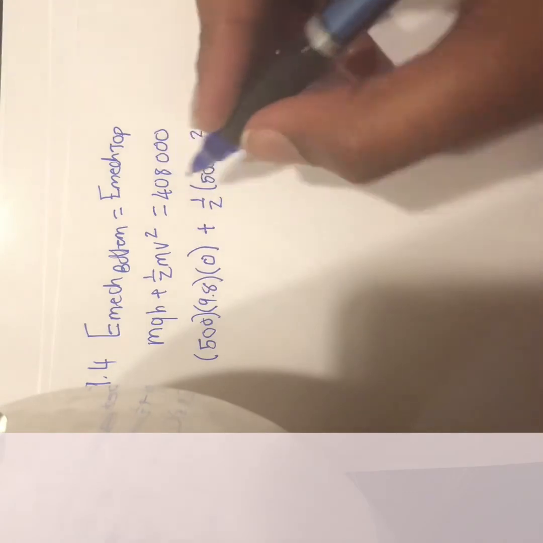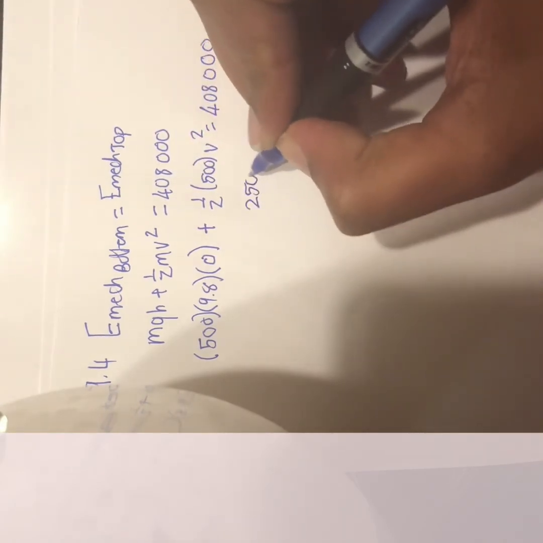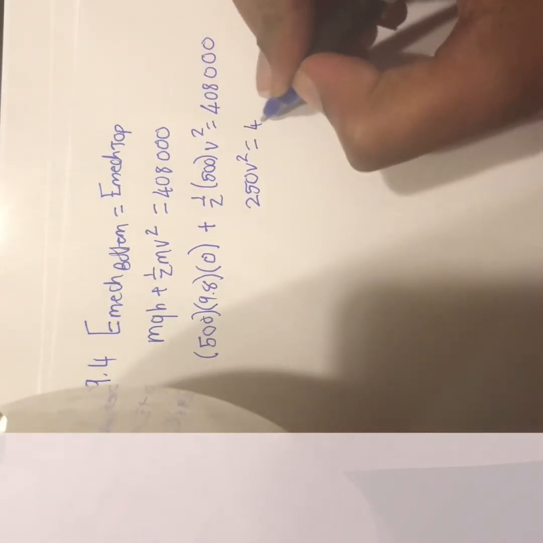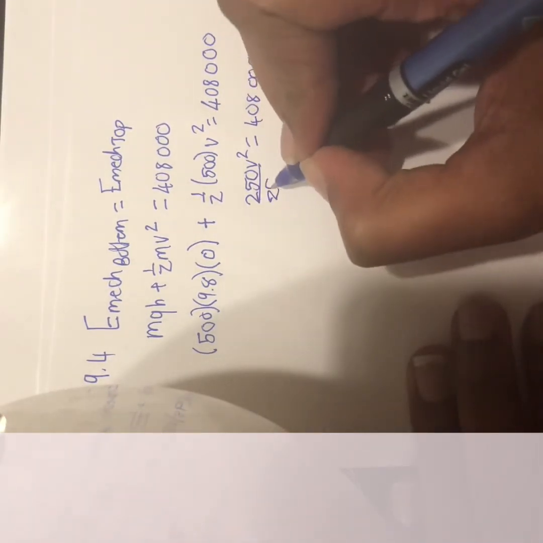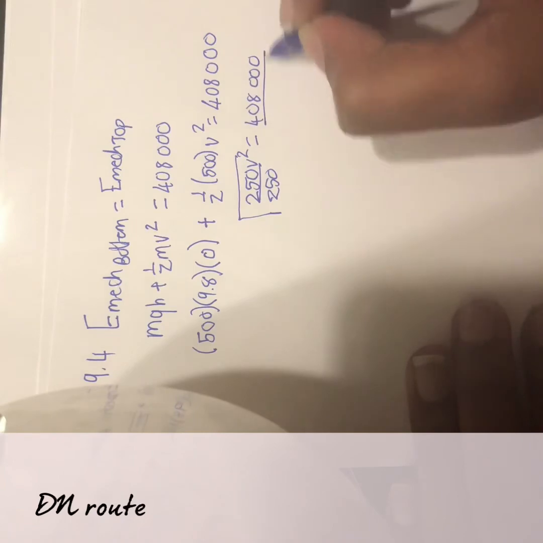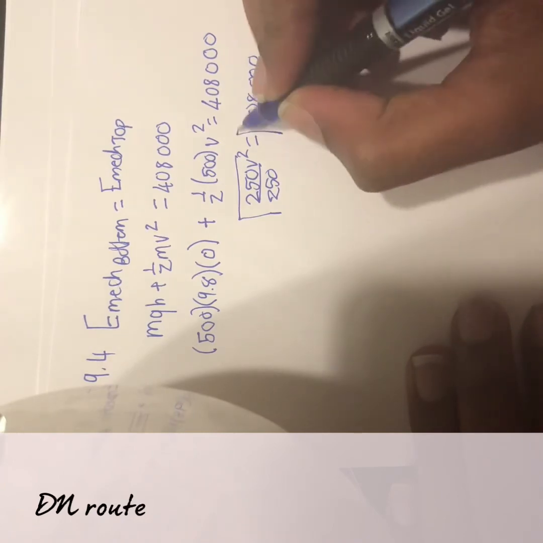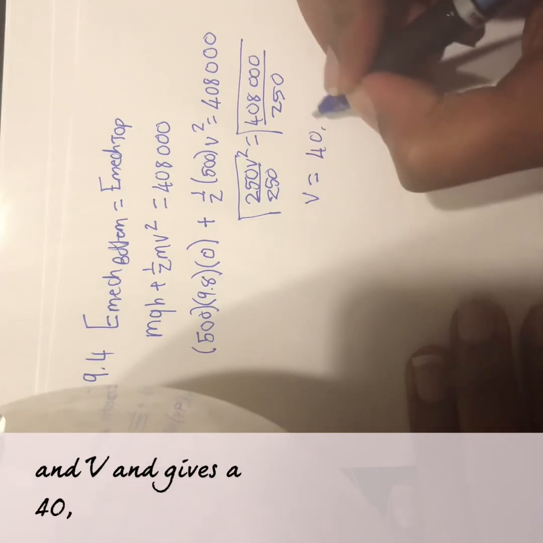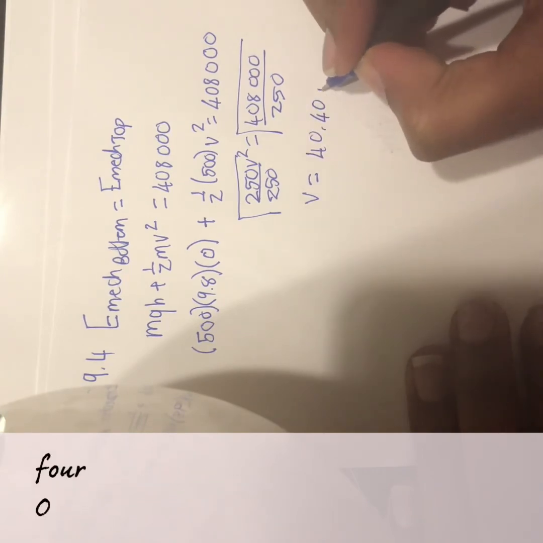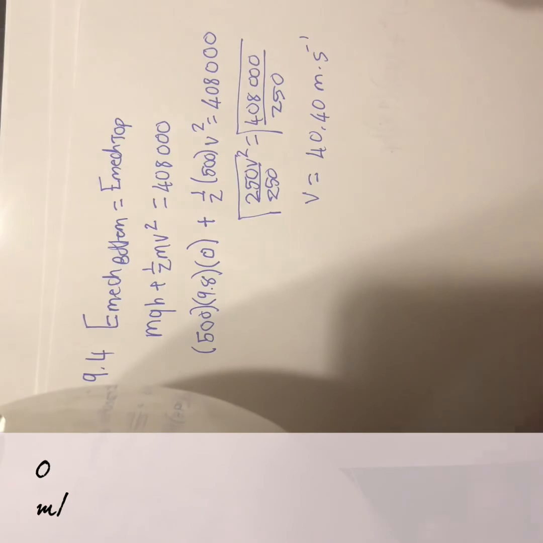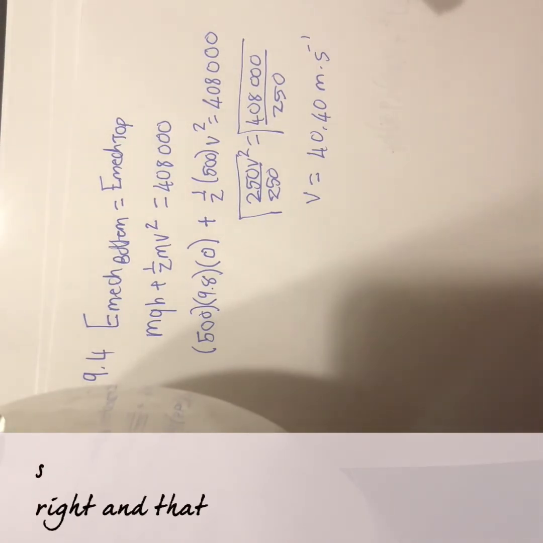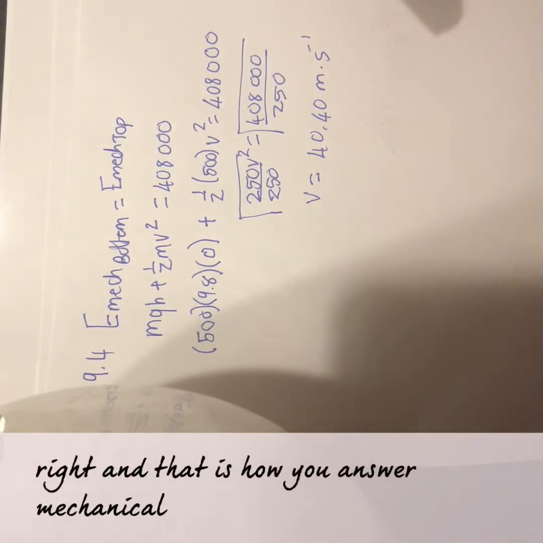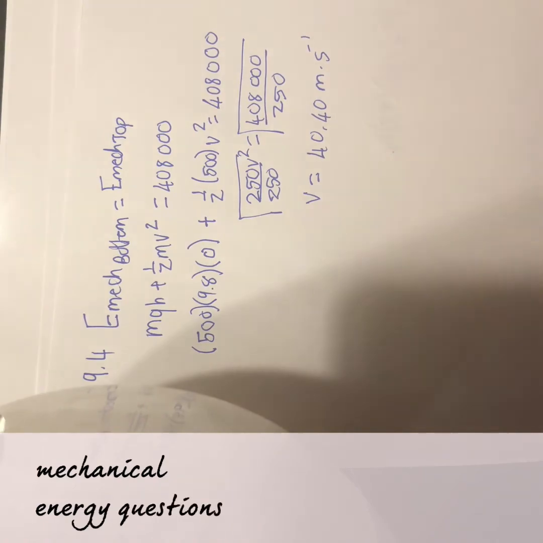This falls away, so this becomes 250 v squared equal to 408,000. We're going to divide both sides by 250 and root. And v then gives us 40.40 meters per second. And that is how you answer mechanical energy questions.